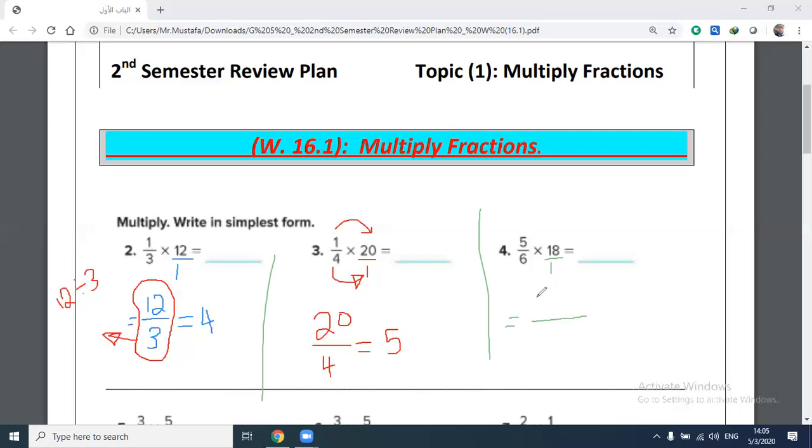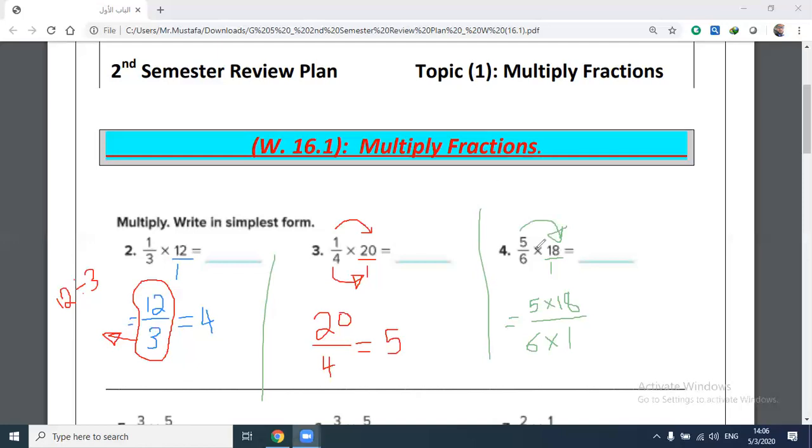In the numerator, 5 times 18, don't multiply it yet, because maybe it will be simplified with a number in the denominator. And down, 6 times 1. Then check if there is any common factor between numerator and denominator or not.